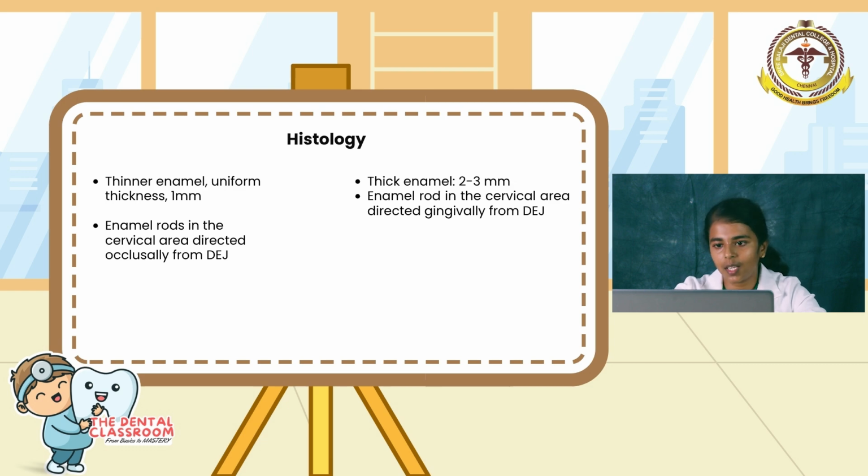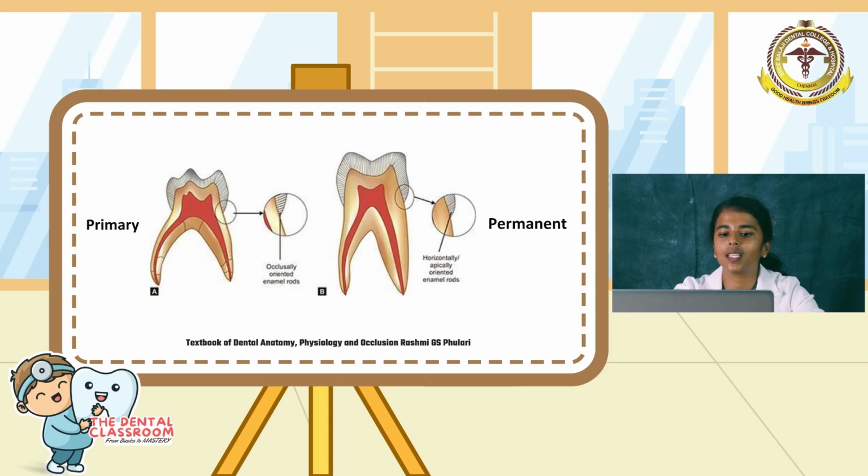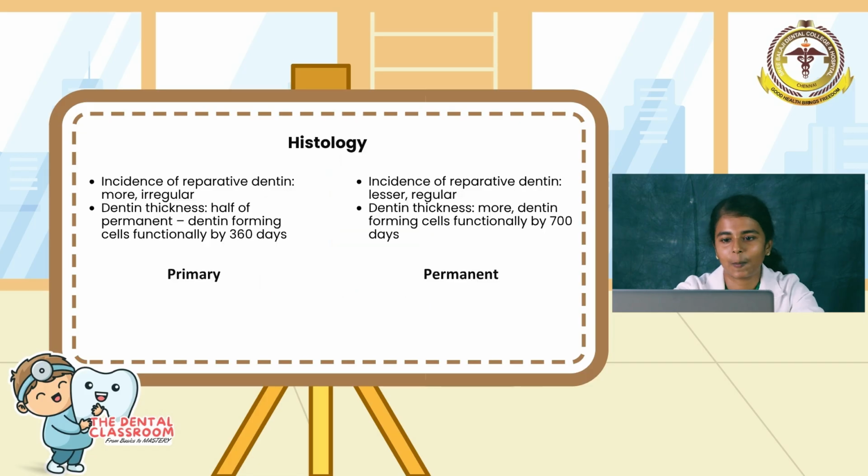In permanent dentition, the enamel rods in the cervical area are directed gingivally from the DEJ. The clinical significance during cavity preparation is that we should remove the unsupported enamel during class 2 preparation in the permanent dentition.